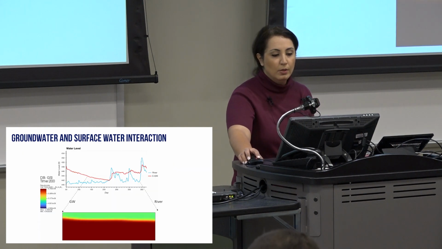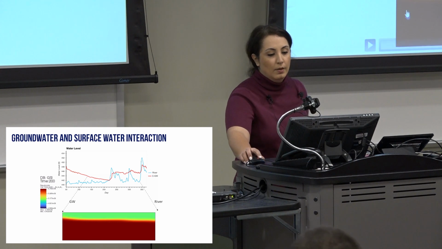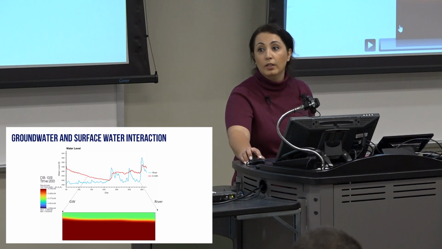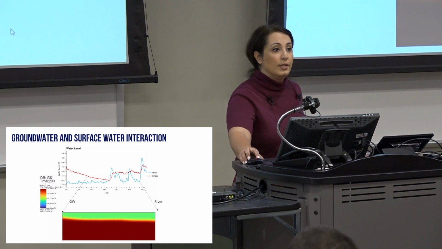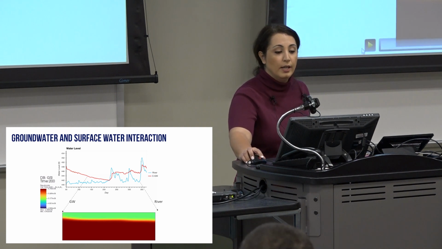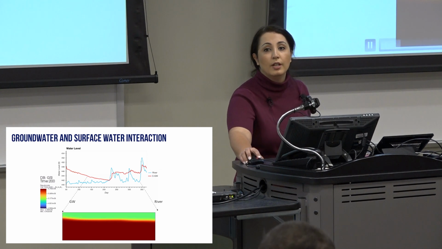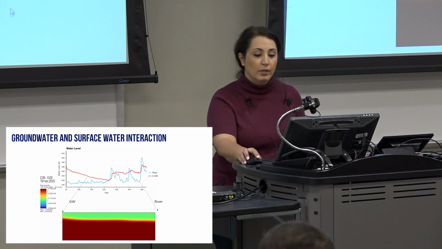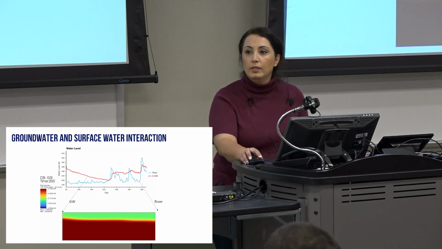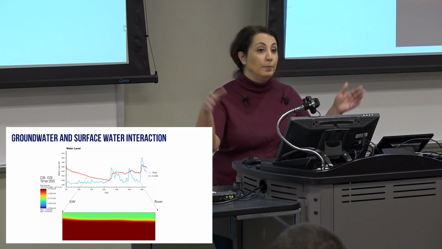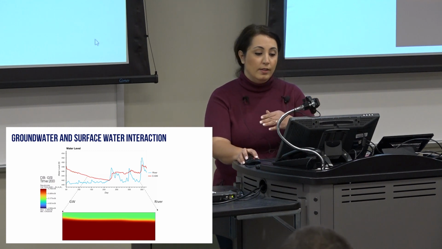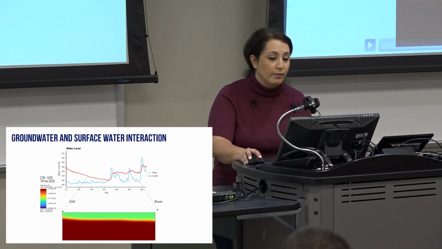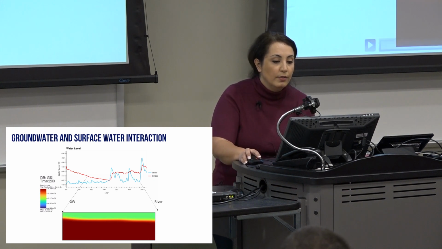So here is a very simple simulation of what happens. Here we have a head representing the groundwater level on the left-hand side, and we have the time-varying head representing the river level on the right-hand side. And we look into the concentration of arsenic in this model. You can see as time goes on, these two boundary conditions that change with time will result in a flow in the direction from river to the groundwater, wherever the water level is below the river level.